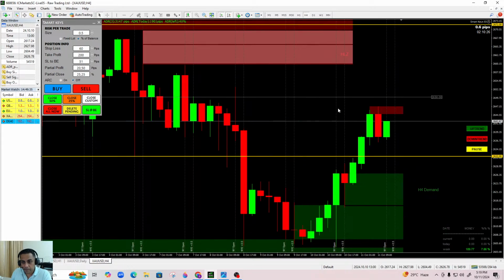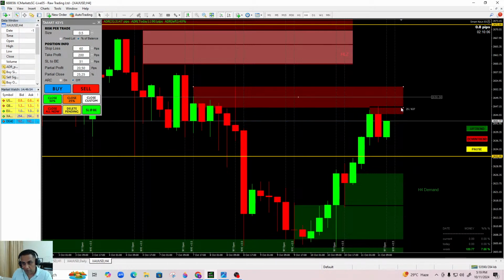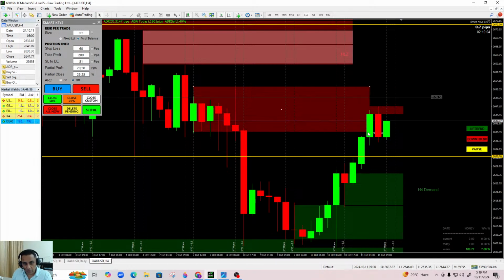Then further to the left here, this was a supply zone that we drew yesterday. Price hasn't broken through it yet, so we do have some bit of supply left just above that. Okay, so that was the original zone that we drew yesterday.